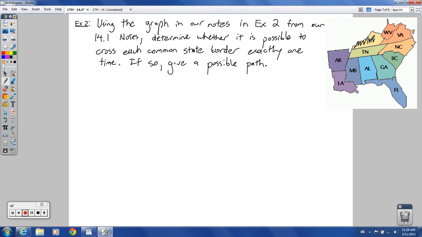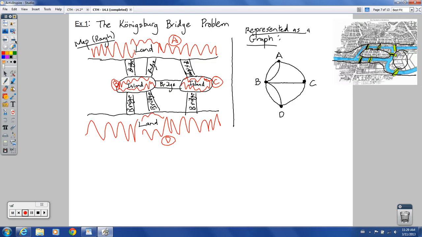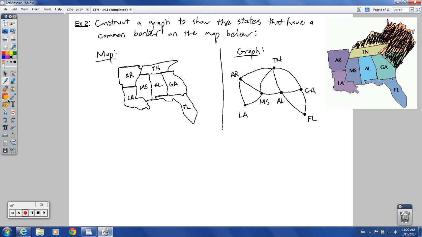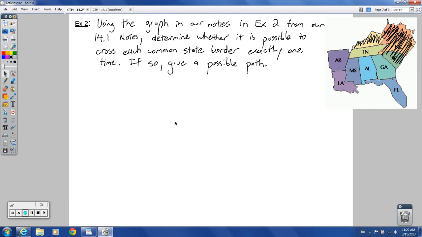So in our drawing before, we weren't counting Kentucky, West Virginia, Virginia, North Carolina, or South Carolina. We just had those 7 states. So if I go back to my 14.1 notes, sorry, I get to cheat, and you don't. I'm going to just copy and paste what I see there into my drawing here.